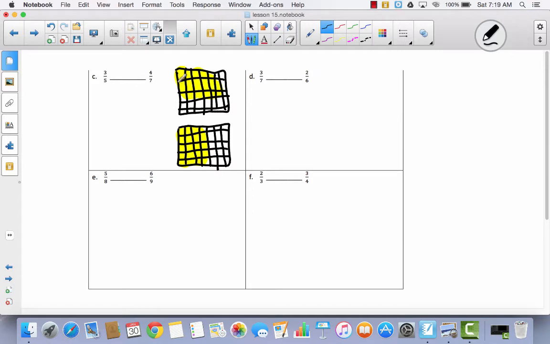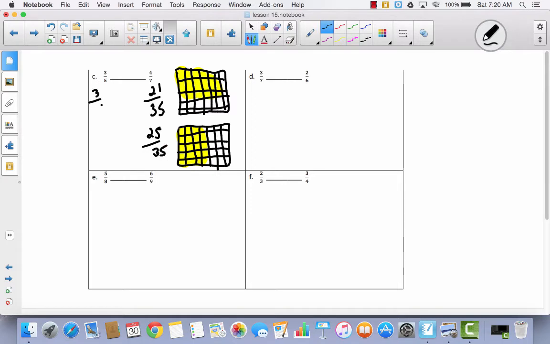So now I have 1, 2, 3, 4, 5, 6, 7, 8, 9, 10, 11, 12, 13, 14, 15, 16, 17, 18, 19, 20, 21 35ths. And here I have 25 35ths. Now let's see how we can get here just using multiplication.